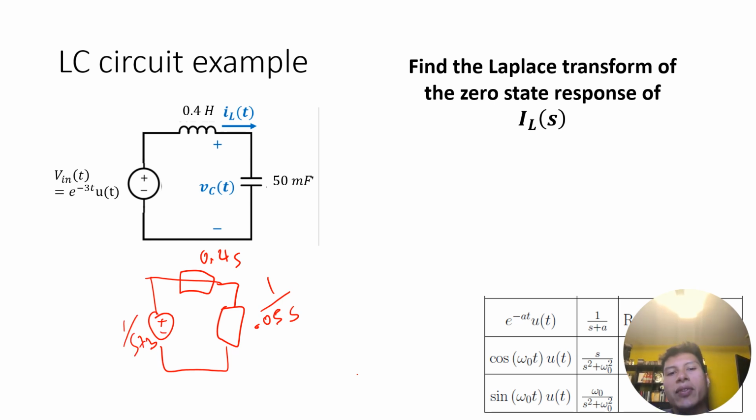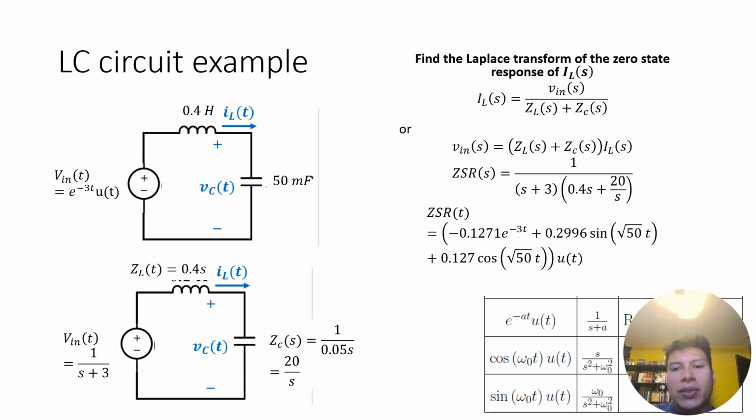And we actually, again, solved this circuit in the previous lecture. So you could actually solve this circuit to determine the zero state response. And so here's the solution that we got last time.